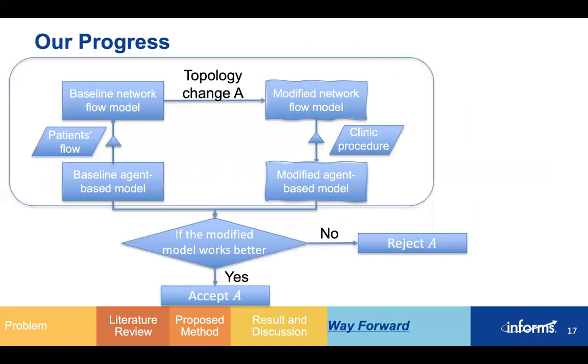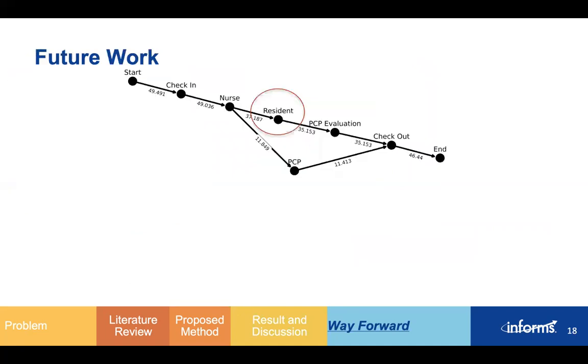However, what I have presented is only a part of this picture, the one in the round rectangle. We haven't yet justified the agent-based model and compared the results. To finish testifying the proposed method, we need to do the rest of the work. That's our future work.